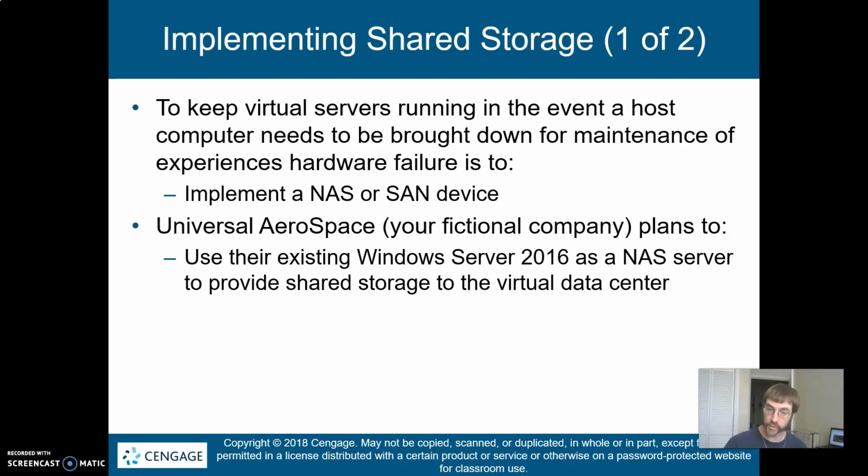We're going to take the simple option and use a NAS, using a Windows 2016 server, which happens to be our DC, as a NAS, using NFS. We're also going to talk about iSCSI, so you could do it that way. But for the moment, we're going to use this shared location on the server as basically an NFS export.